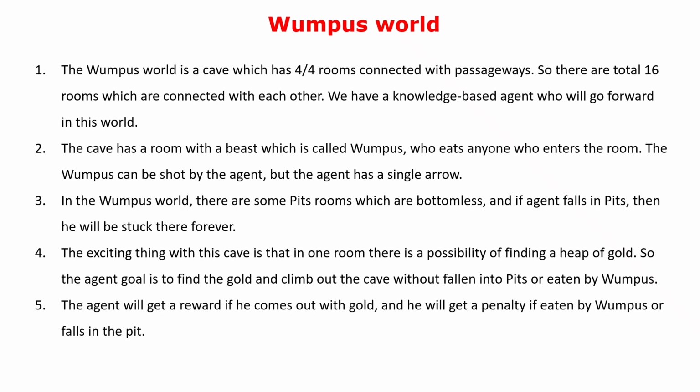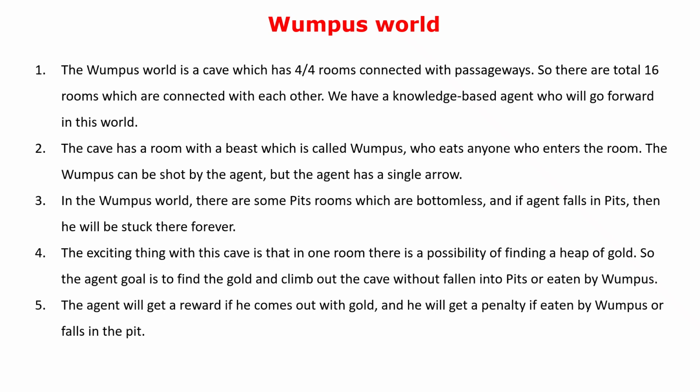What are the scenarios that come under the Wumpus world? Generally the rooms will be 4 cross 4, so it can be represented as 4 cross 4 rooms. Each and every room that is adjacent to the Wumpus is smelly, and that is represented as stench. The rooms adjacent to the pits have breeze.